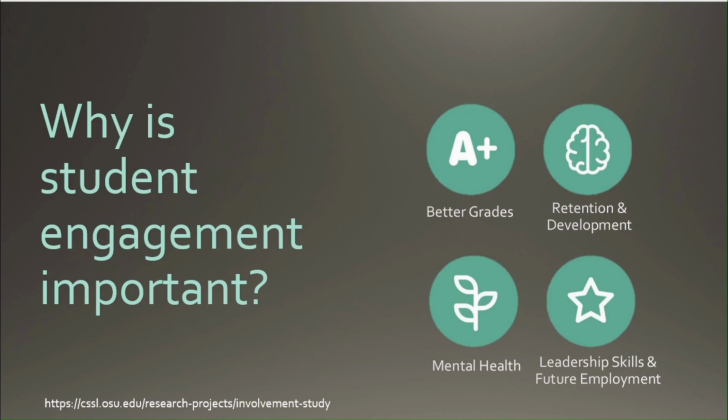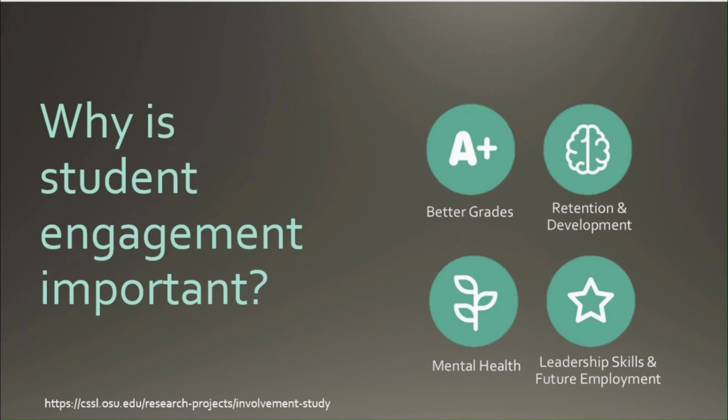But before I get into how to use Coastal Connections, what I'd like to go over is why student engagement is important in the first place. According to an Ohio State study published in 2020, involvement on campus beyond the classroom is linked to increased academic achievement, belonging, and interest from potential employers.